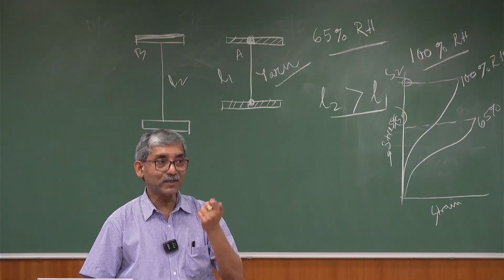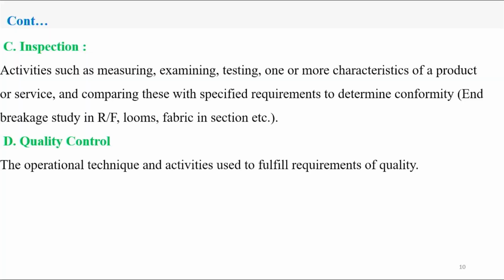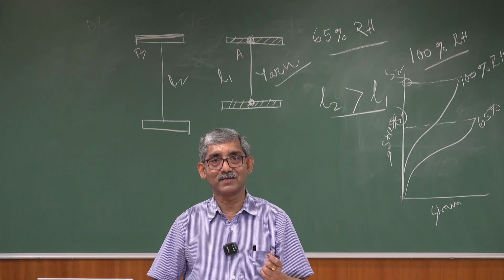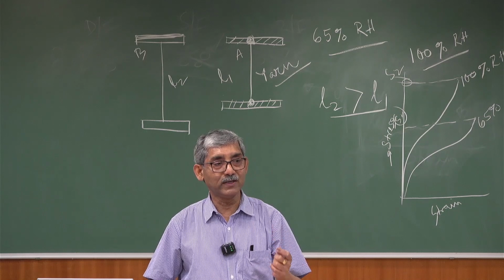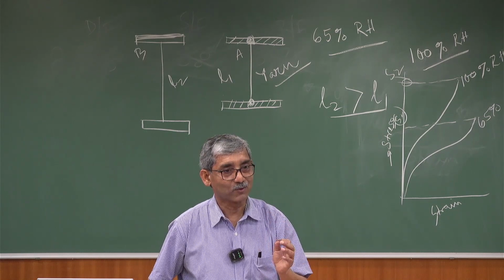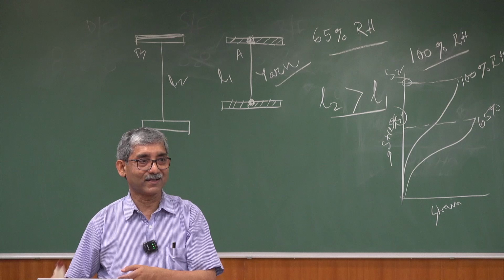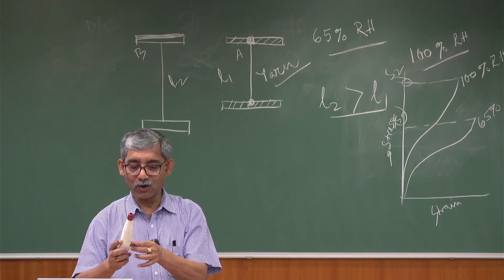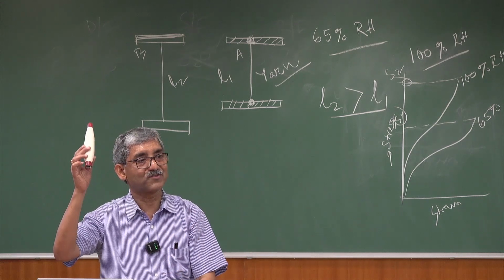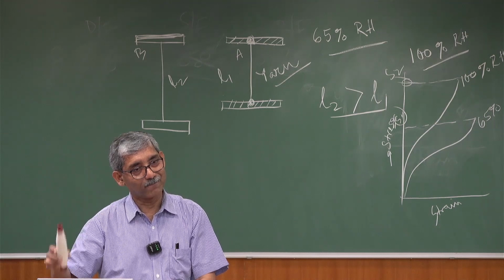And quality control is the operational technique and activities used to fulfill the requirement of quality. So our quality requirement is there, to achieve certain strength or certain uniformity.